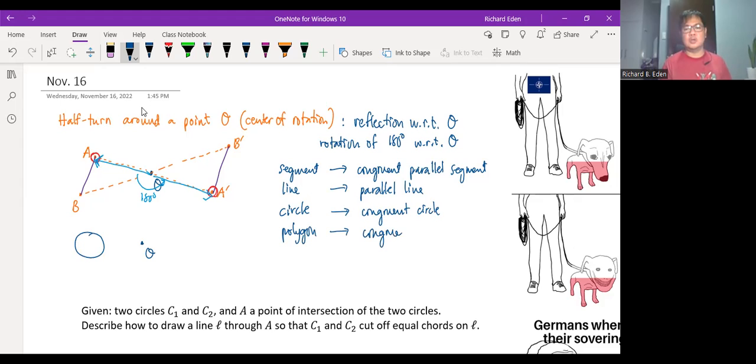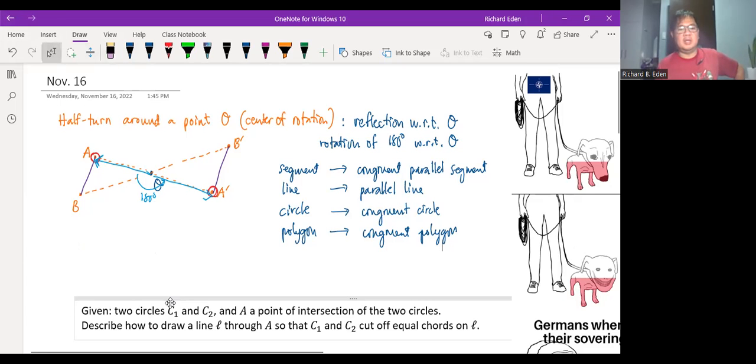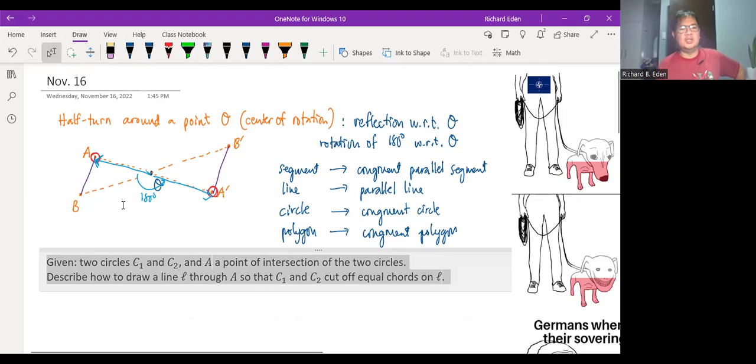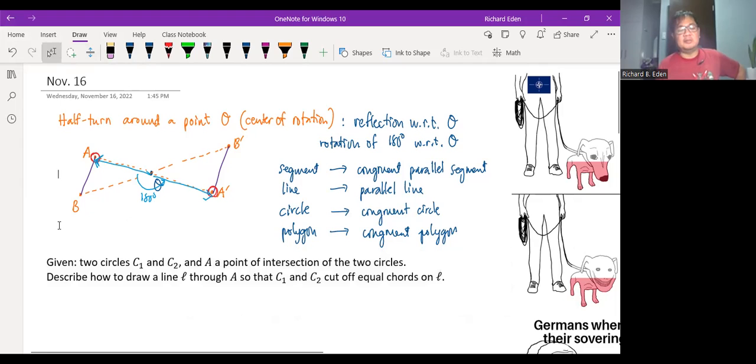So anything around the half turn is being transported about that point. But there may be a change in orientation, as you can see in the illustration: A is on top and B is on the bottom, but when you do the half turn, B prime is on top and A prime is on the bottom.